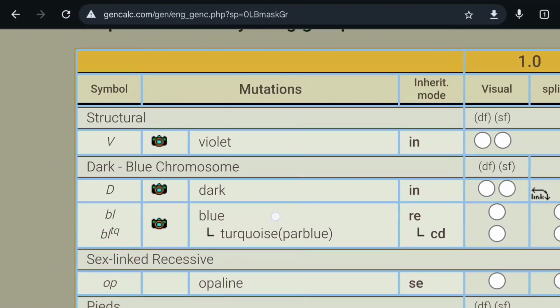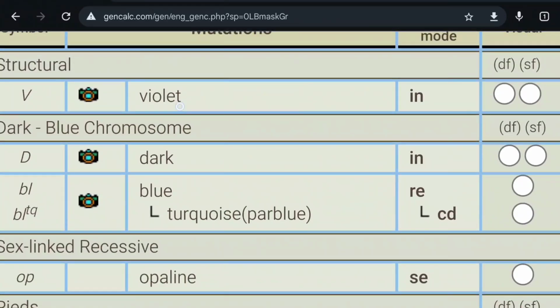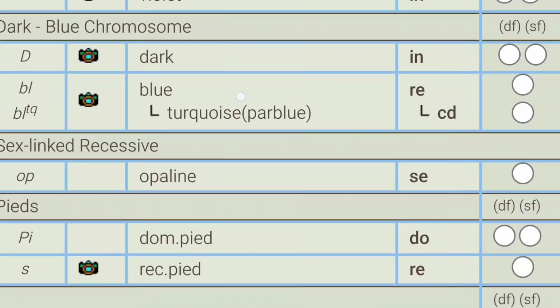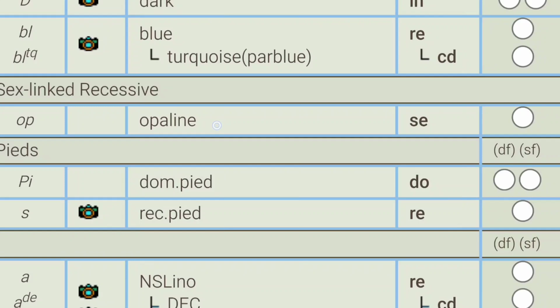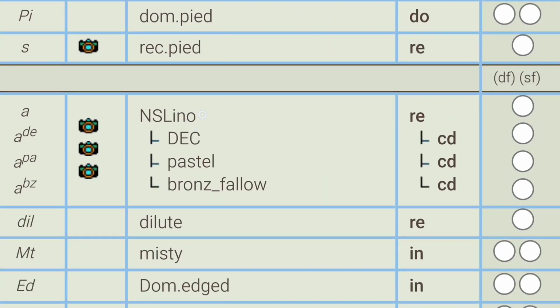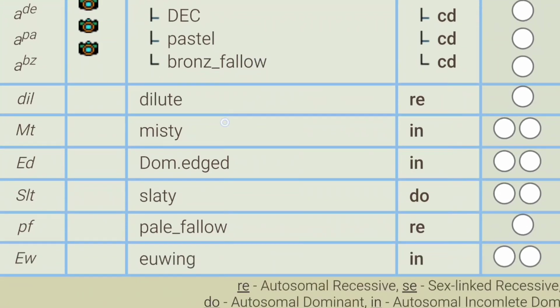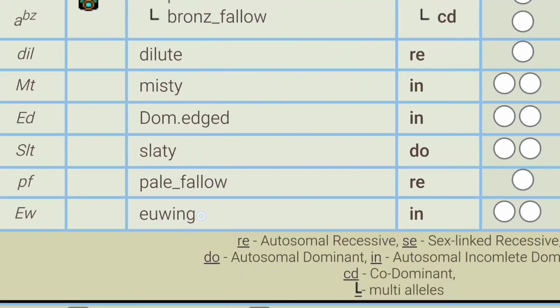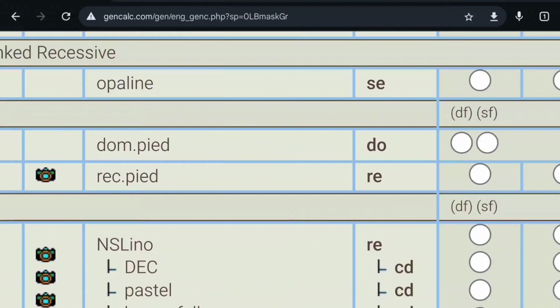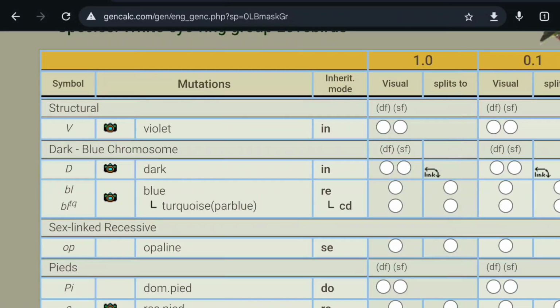Then we have the mutation names: violet, dark, blue, turquoise, that is par blue, opaline, dominant pied, recessive pied, NSL ino, which means non-sex-linked ino, dark-eyed clear, pastel, bronze fallow, dilute, misty, dominant edged, Ewing, and so on. And here we also have the inheritance mode.